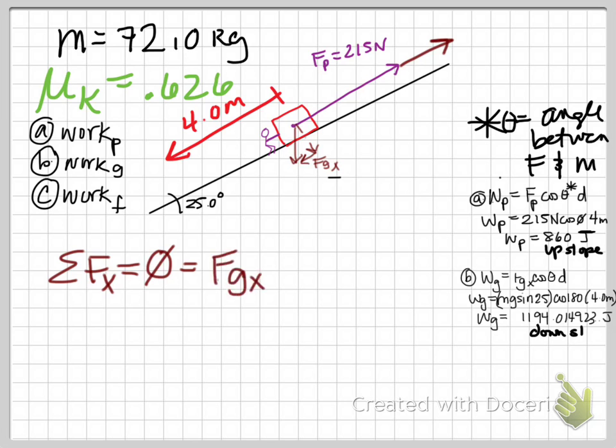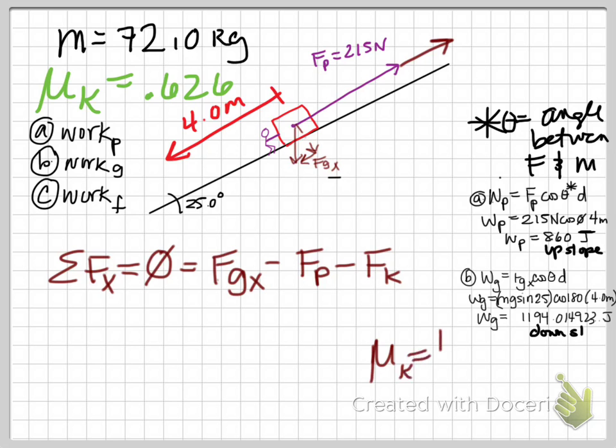We're making that assumption. So sum of forces on the x is equal to force of gravity on the x minus force of the pusher minus force of kinetic friction. What a pain, because I just gave you the mu k. Oh, this problem is going to be a giant mess.